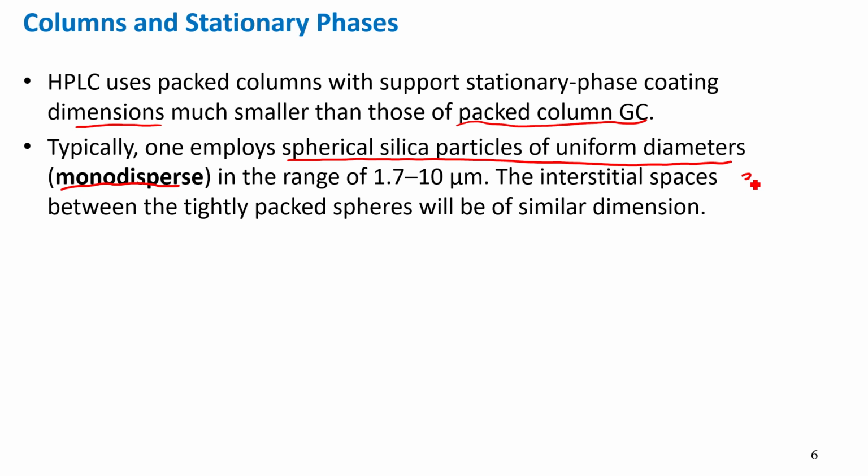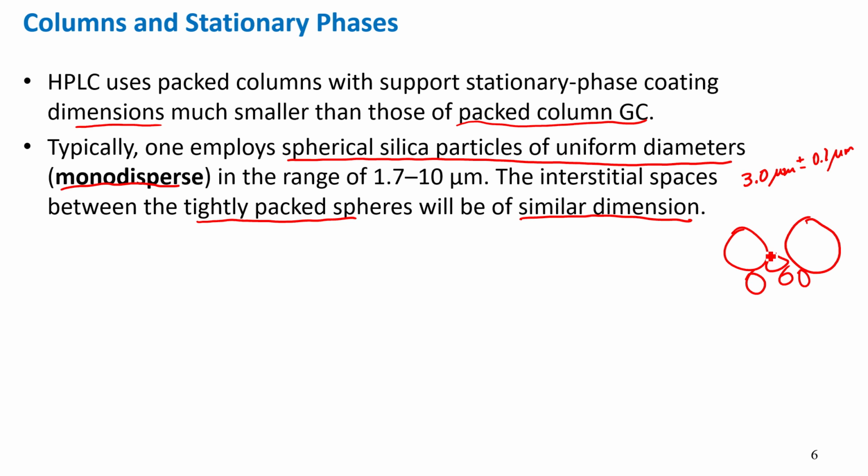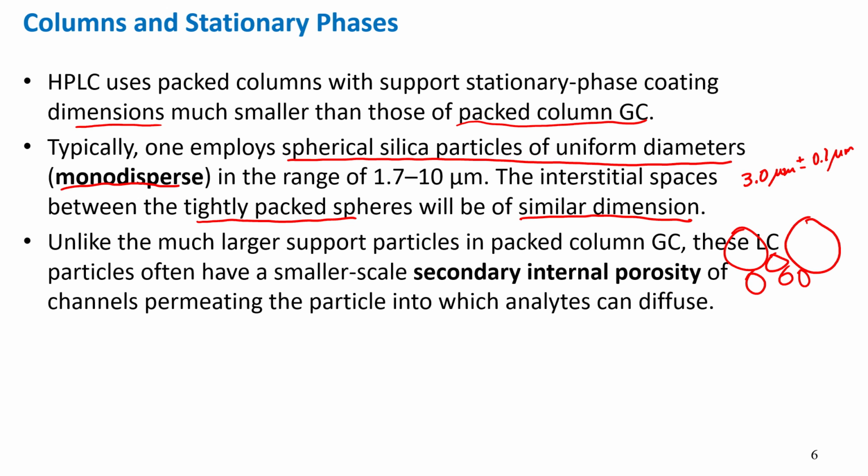I want them all to be exactly 3 microns, plus or minus 1/10 of a micron, as much as possible. The reason I want that is because I can pack uniform sizes tightly if they have similar dimensions. Now, if they vary in their dimensional sizes, you'll have big ones and small ones, but there won't be any space for the solvent to go through, and it ends up in tremendously high pressures. So we want uniform sizes in these.